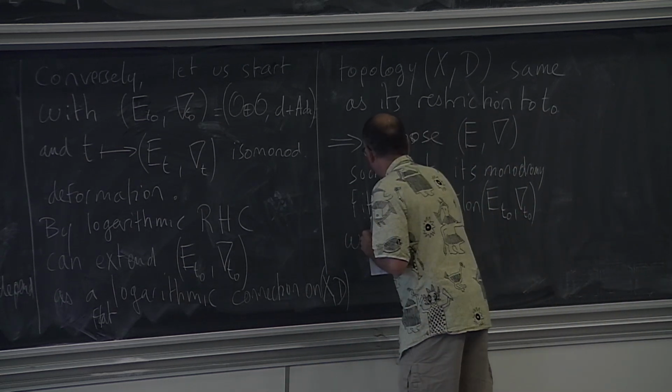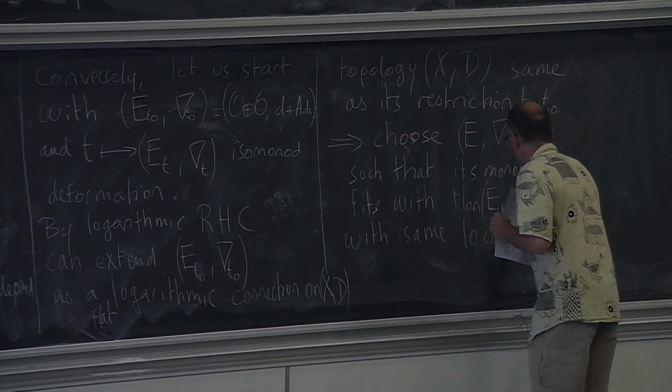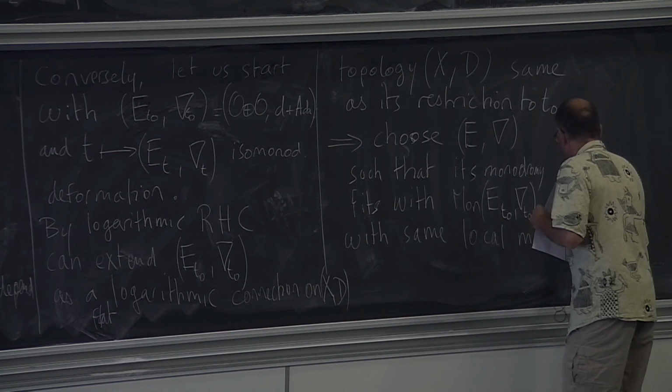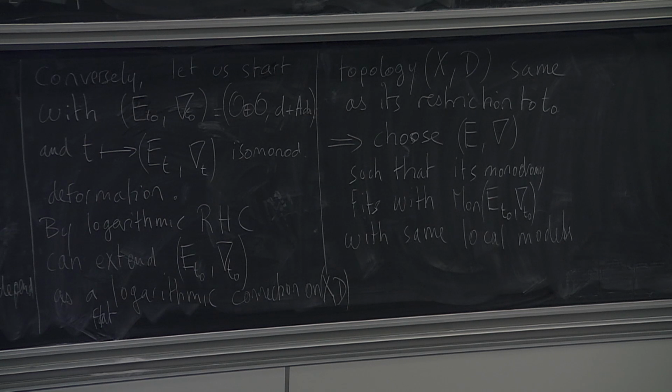And with the same local models to construct a flat logarithmic connection here, I have to choose a local model. So the local model, I choose any cross section, and for instance, T0.